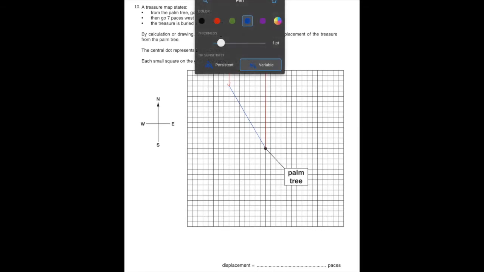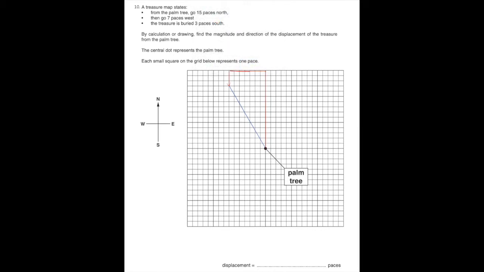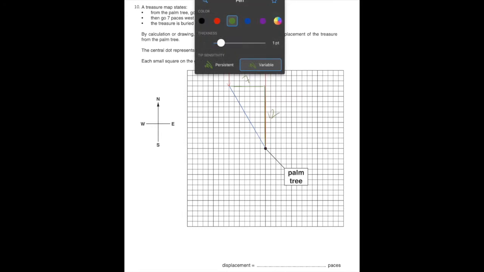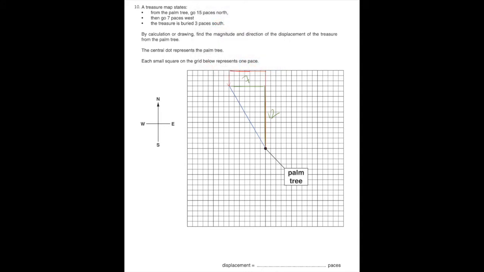Let's break that down. That's made up of 2 parts. The total vertical displacement is simply this side here, because it's 15 minus the 3, and then we've got our side here of 7. So that one there will be 12 paces and that one there will be 7.